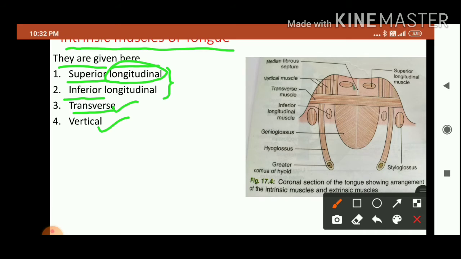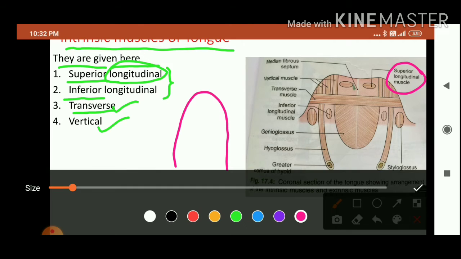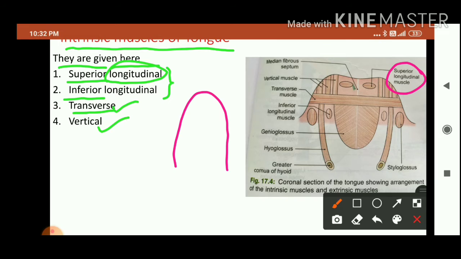Now in order to visualize their function, I will go to another slide, but before that, have a look at each of the intrinsic muscles. This is the superior longitudinal muscle. For example, if this is the tongue, the superior longitudinal muscle will go like this, along the length.